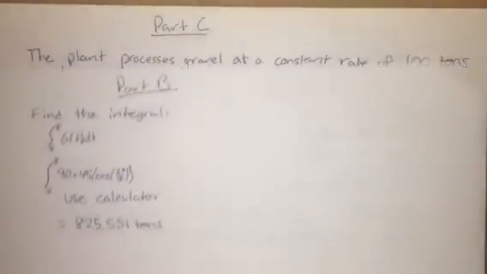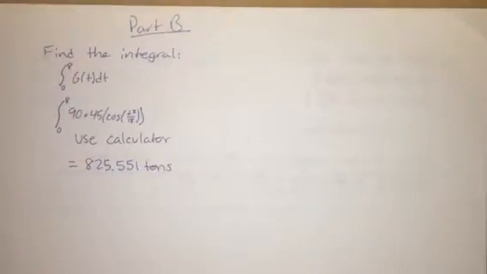Then we move on to part B. This problem is asking us to find the total amount of unprocessed gravel that arrives at the plant during the hours of operation on this workday.